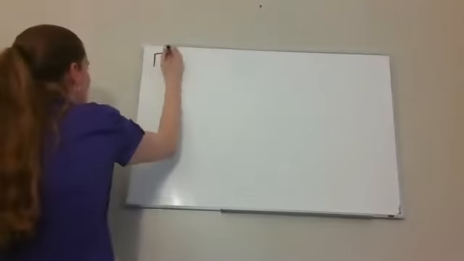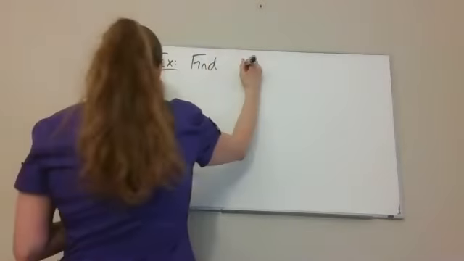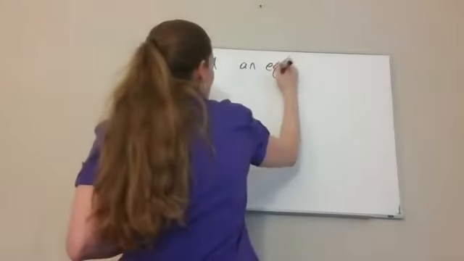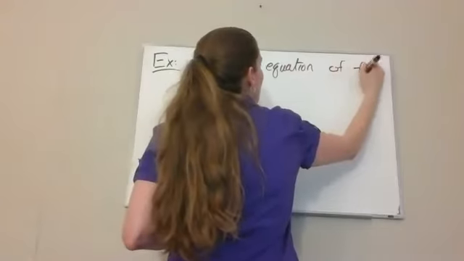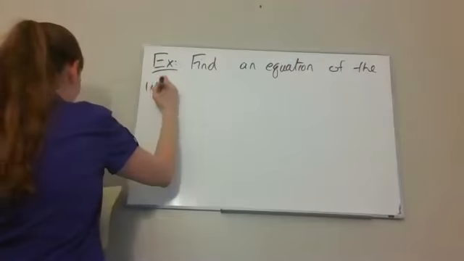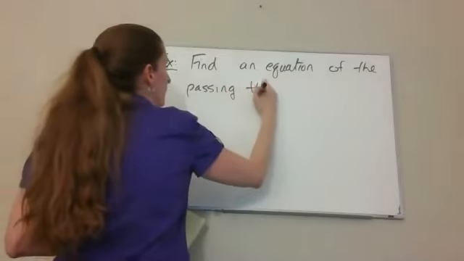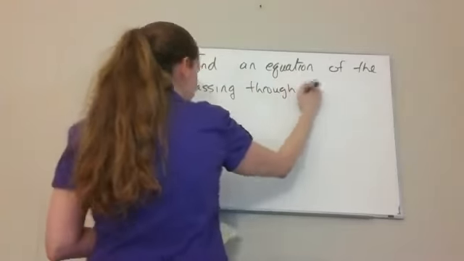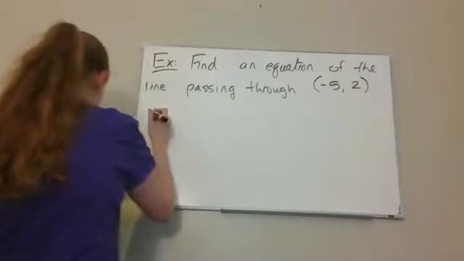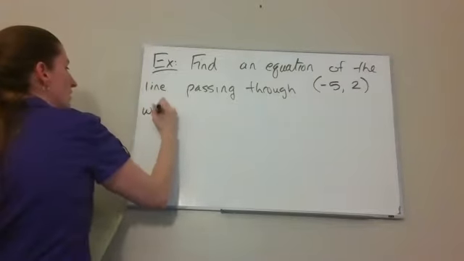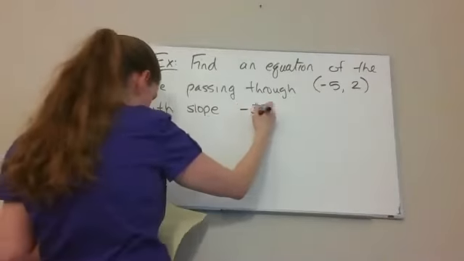So example. Let's find an equation of the line passing through the point (-5, 2) with slope -3.